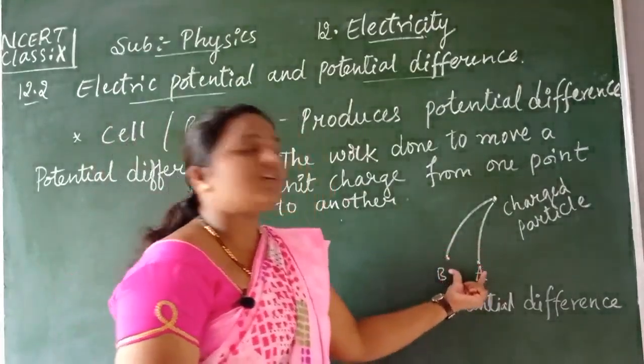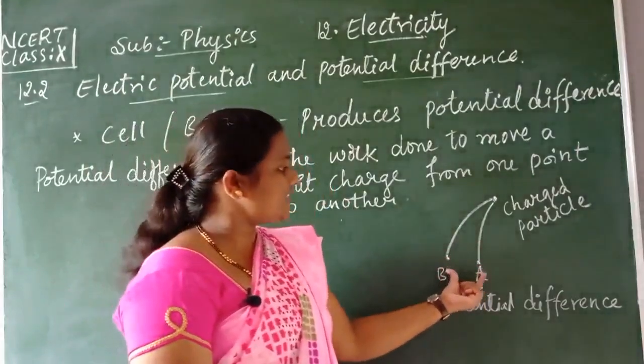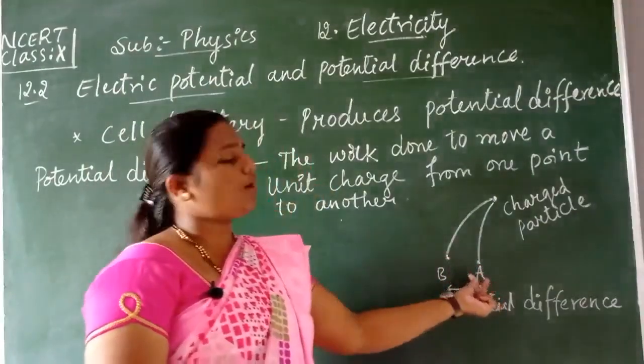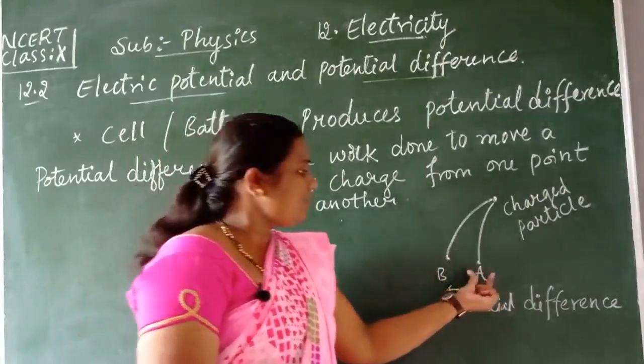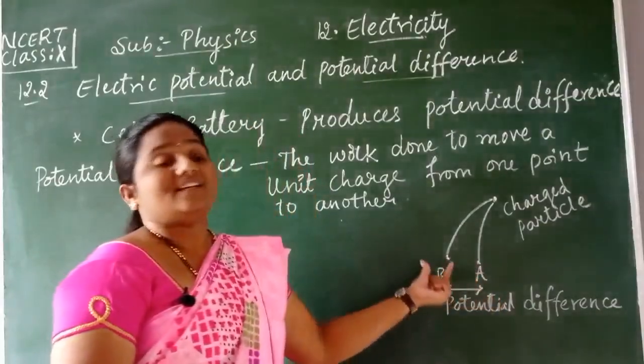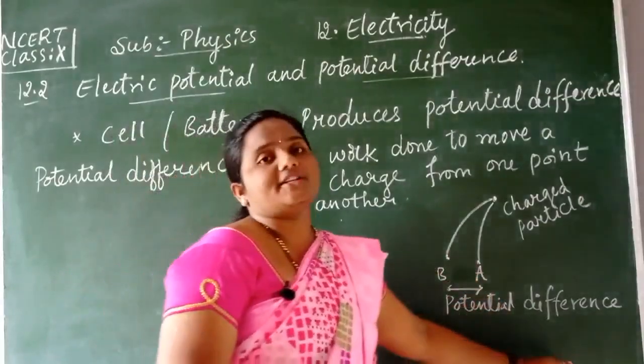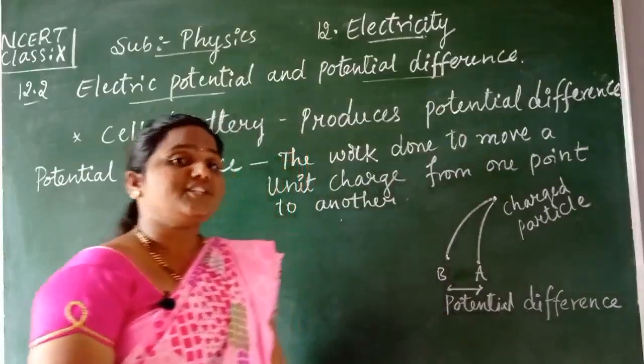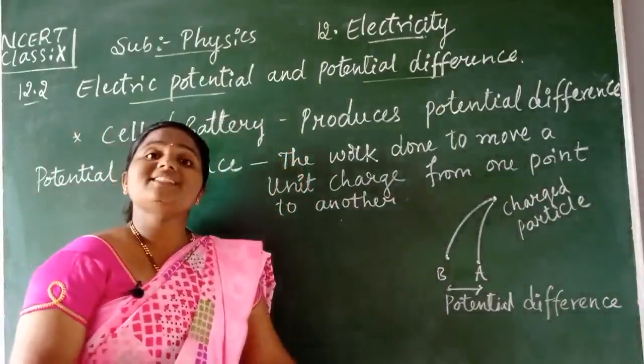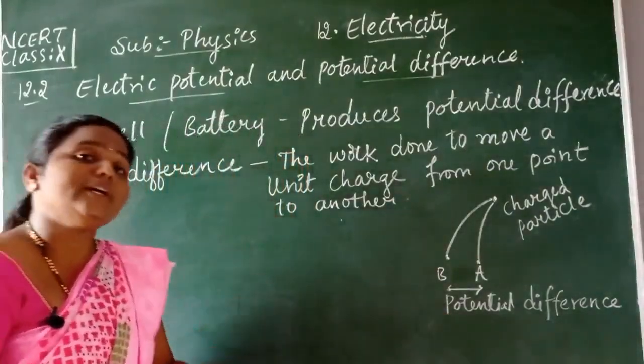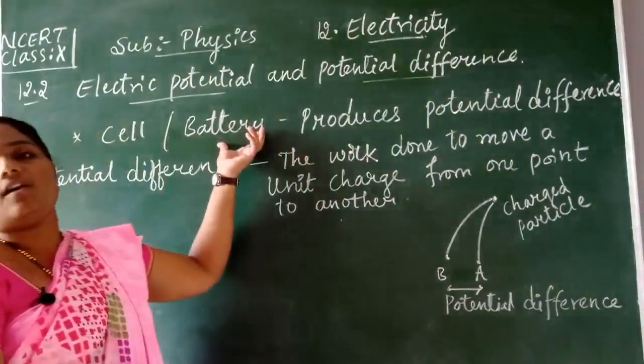The amount of work done in bringing a unit charge from A to B is called potential difference. And in general, the potential difference can be produced by using a cell or battery.